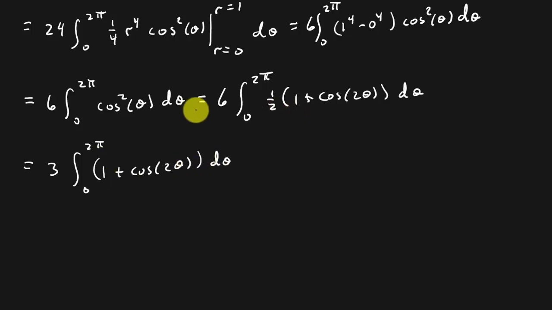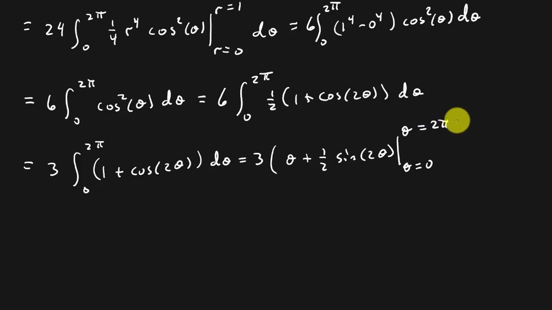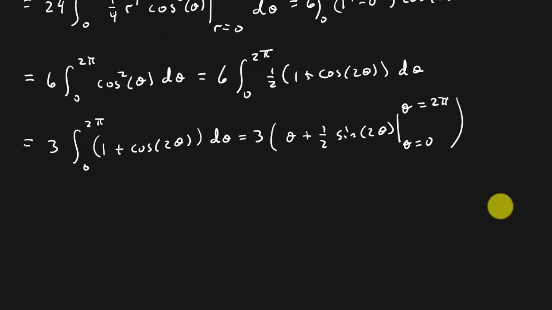I just brought the 1/2 out. That's all I did there. All right, so now we get 3 times theta plus, now what's the integral of this? The integral of that is going to be plus 1/2 sine 2 theta, and theta is going from 0 to 2 pi.